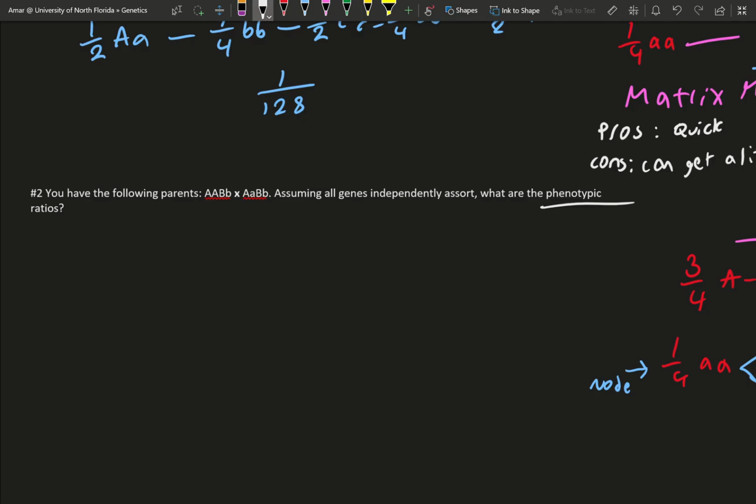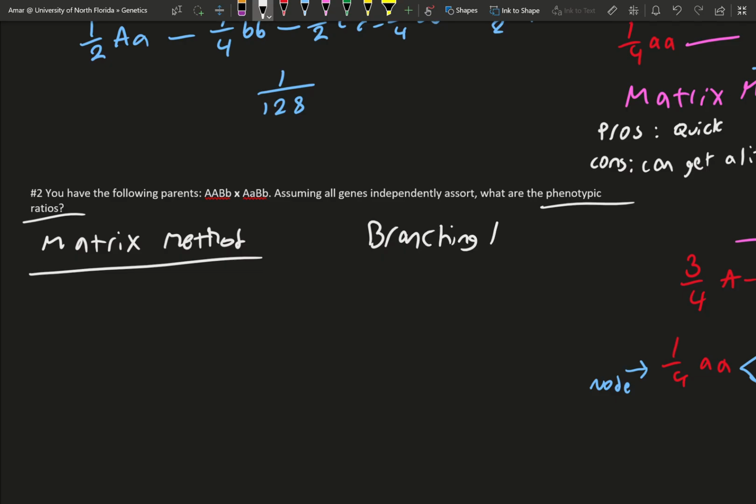ratio. So now we have to use the matrix method or the branching method, and I'll show you both of them as well. So with the matrix method, what we're going to do is start off with both of the genes independently.